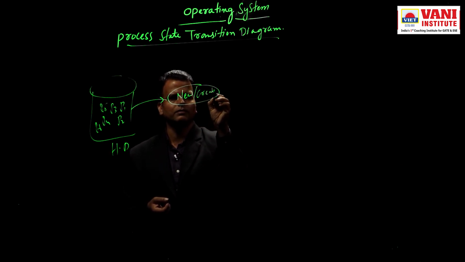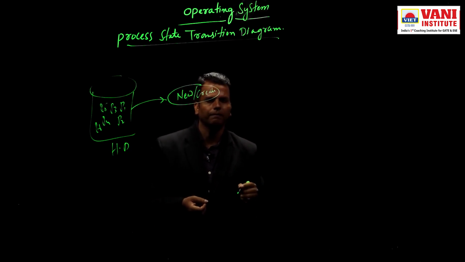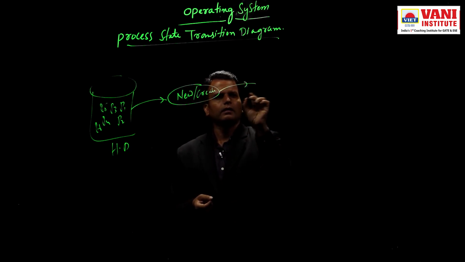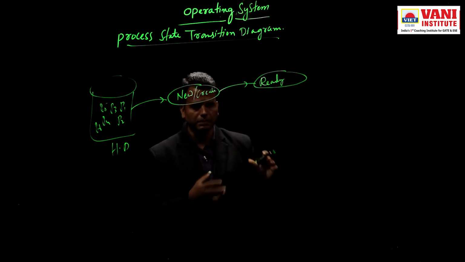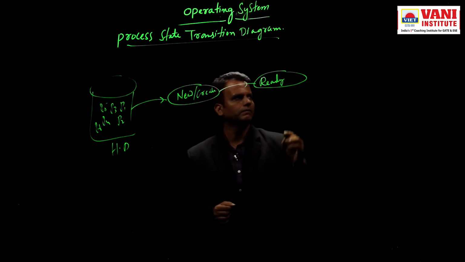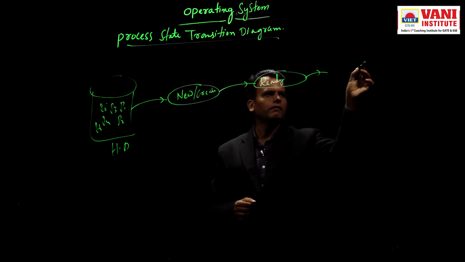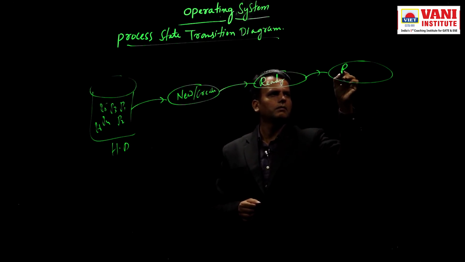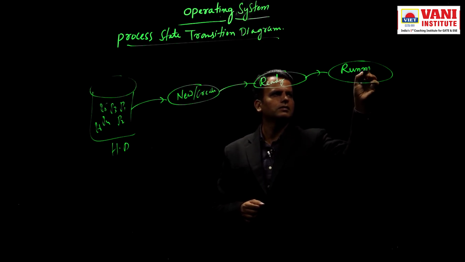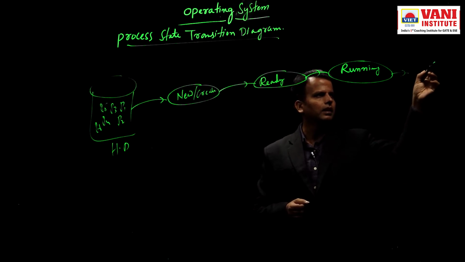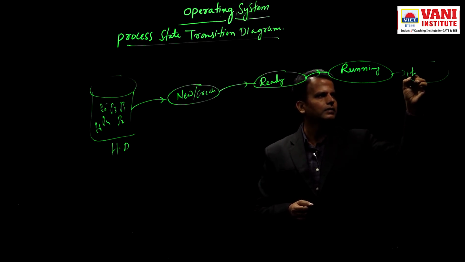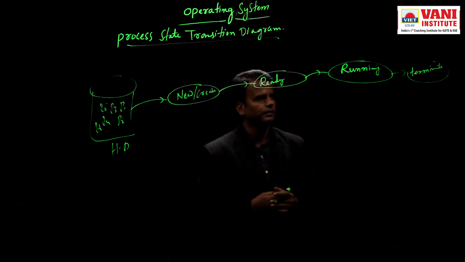In some books create is given, the meaning is the same. You bring those programs from the hard disk and keep them inside the main memory, and this is the ready state, which is present inside the main memory. From the ready state we schedule a process onto the running state. This is the CPU running state. After the completion of its execution, the process will terminate.